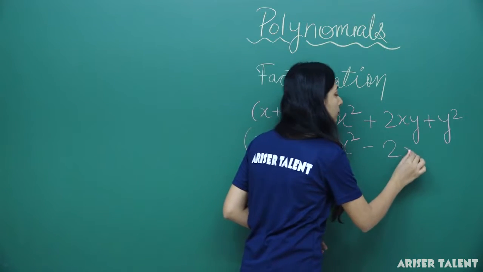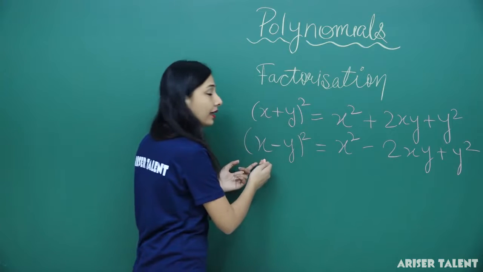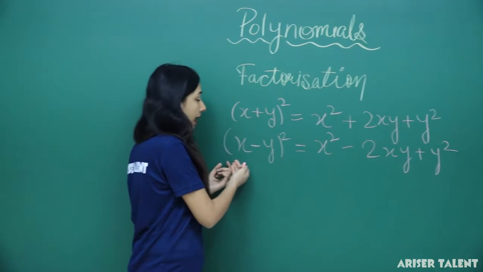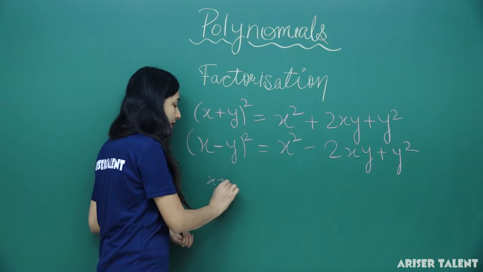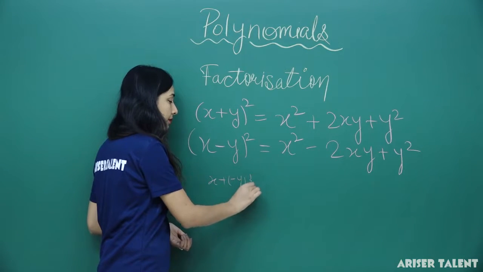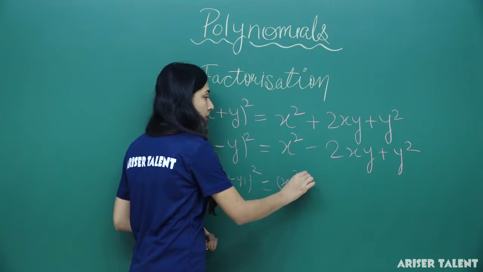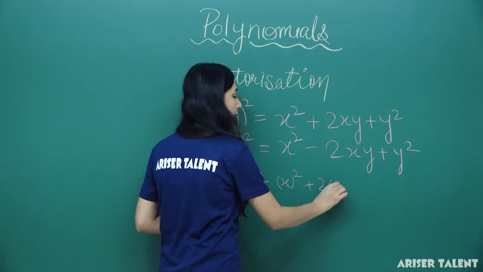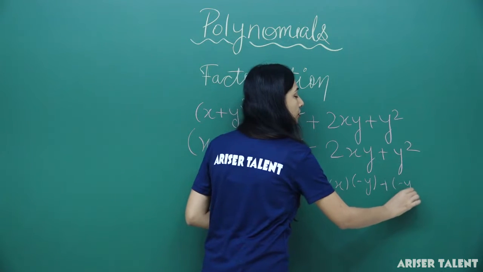Why is it so? Because it's nothing but x plus (minus y) whole square. We write it as x square plus 2x times minus y, plus (minus y) whole square.